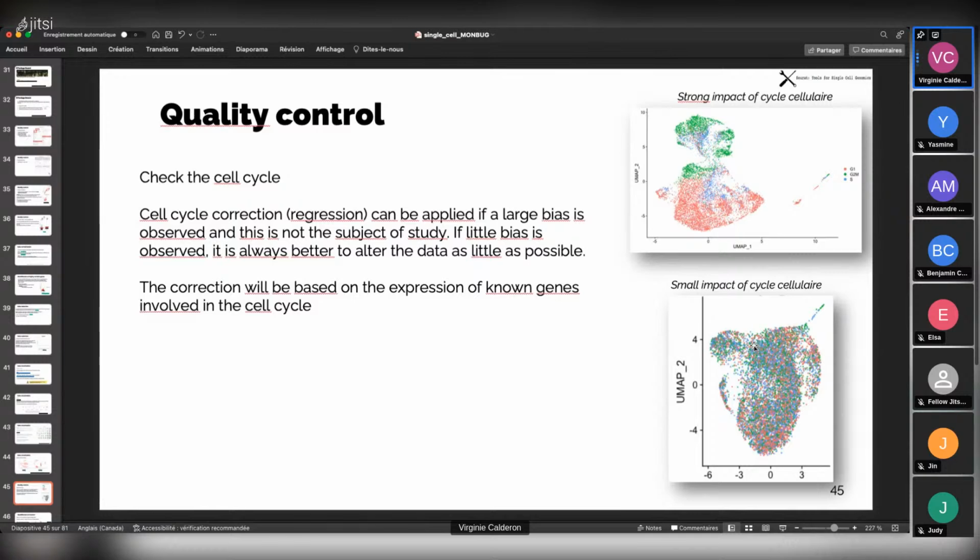Okay, it's always better to alter the data as little as possible, because you don't know how it will impact other genes, maybe. So if you need to regress this, it's really easy. In the package, they already know the list of genes associated with the cell cycle. So they will just use this information to subtract it from all the data to be able to compare the cells regardless of the cell cycle.